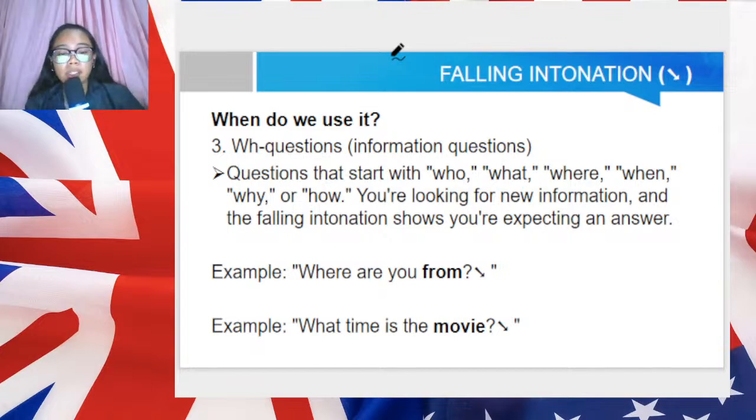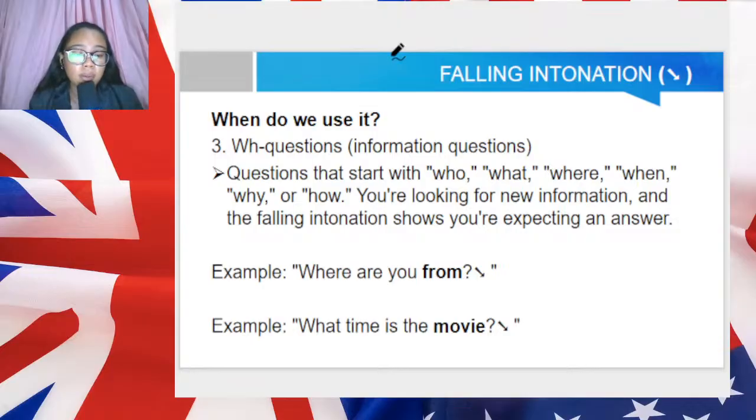As our slide shows, WH questions are those that begin with words like who, what, where, when, why, or how.